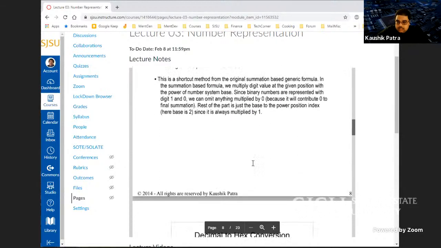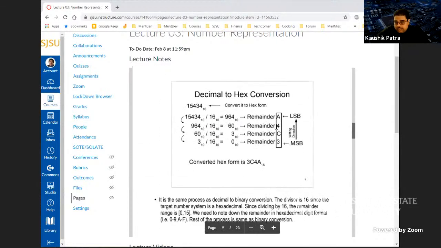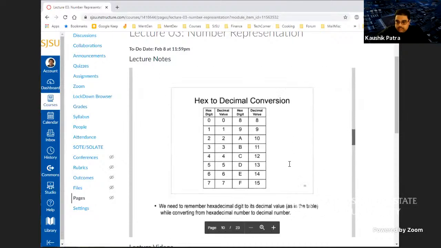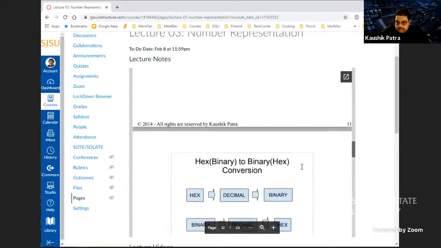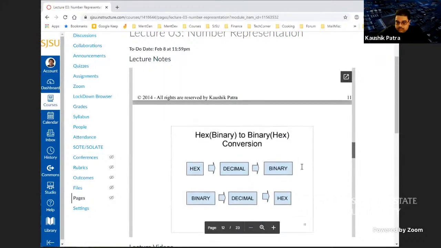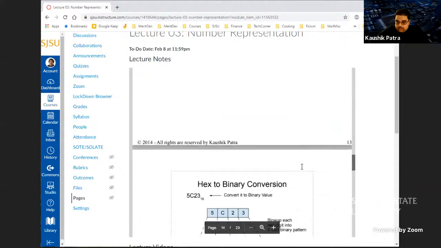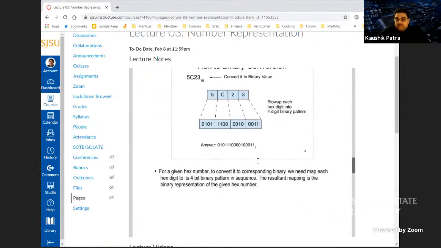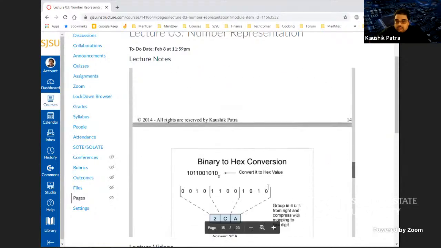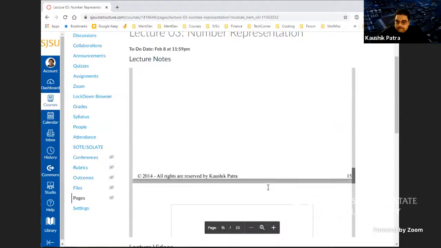Then we talk about decimal to hex conversion in a similar way, hex to decimal conversion, and binary to hex and hex to binary, and how we can convert them without computing anything. Those are the discussion topics here.